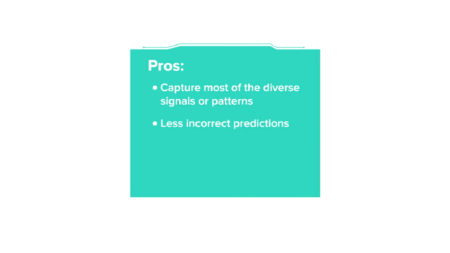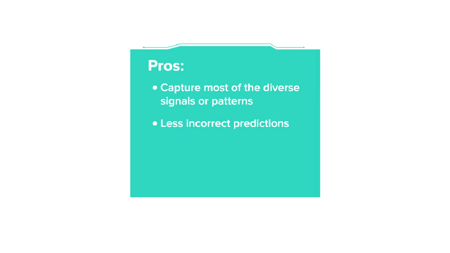Let's take a look at the pros of the ensemble models first. When we have multiple models working together to explain the data, they are collectively able to capture most of the diverse signals or patterns underlying in the data, which is often missed by a single individual model on its own. Next, as each individual model only captures a subset of the underlying pattern, each of these individual models is diverse in nature.